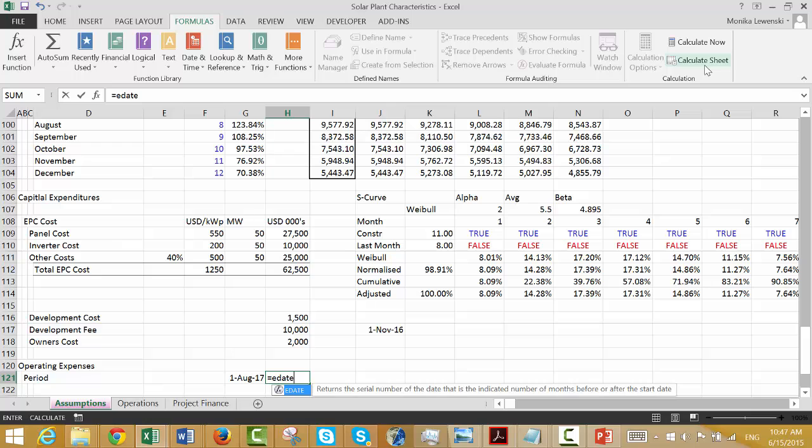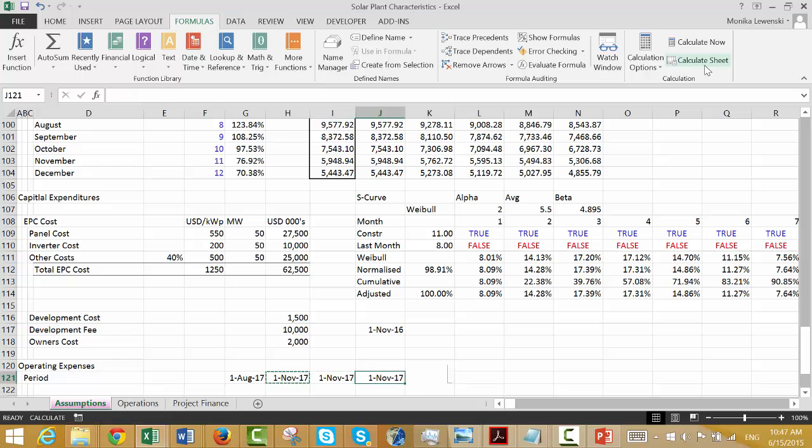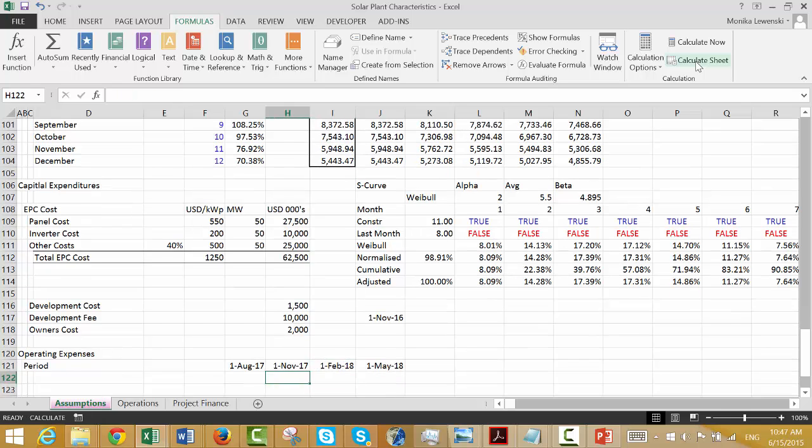How about E date, this one, comma 3. Just making something up here. Okay, and we'll just put some different inflation rates, and I'm at 3 times 12, so every 3 years we kind of redo it.